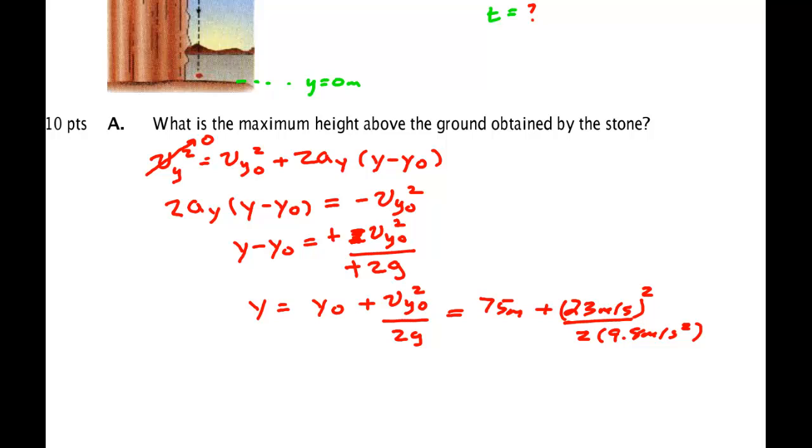And now we punch that into our calculator, and we come up that y is equal to 75 meters plus 27.0 meters approximately, and so it ends up approximately 102 meters above the ground.